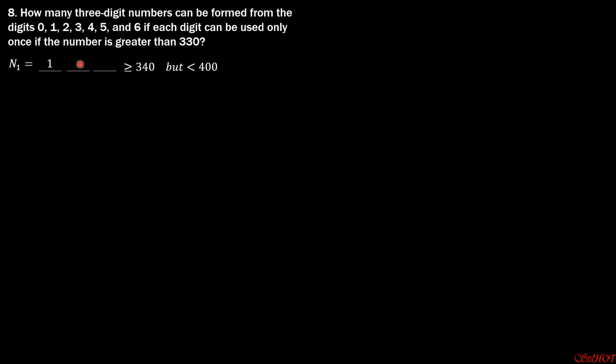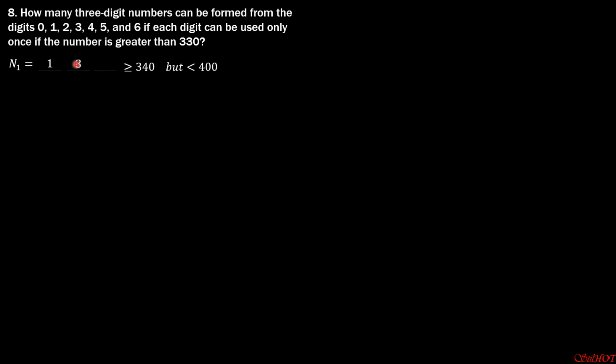So there are 3 digits greater than or equal to 4, which are 4, 5, and 6. So there are 3 ways to assign a digit here, which is definitely greater than or equal to 4. So these 3 here would be 4, 5, or 6.